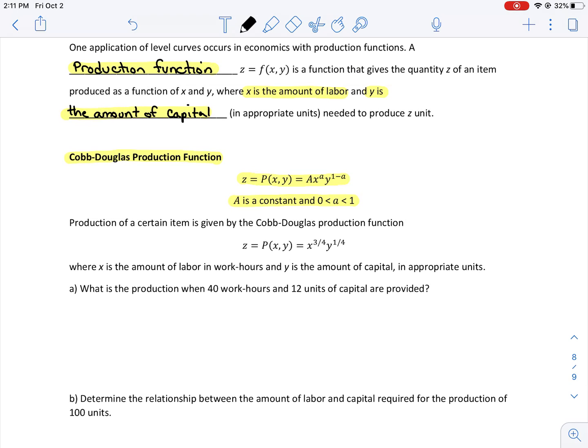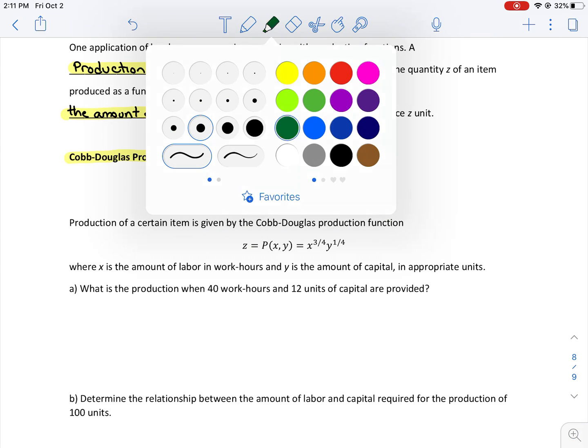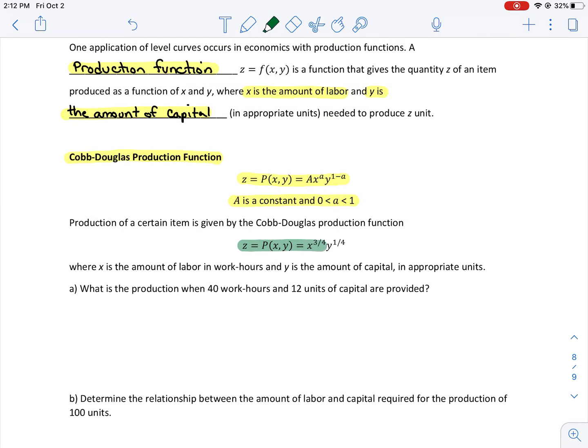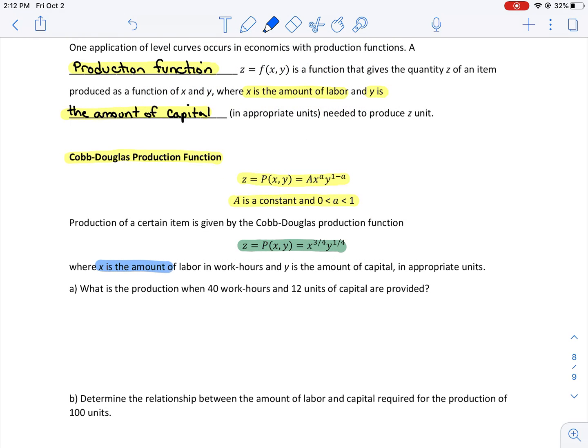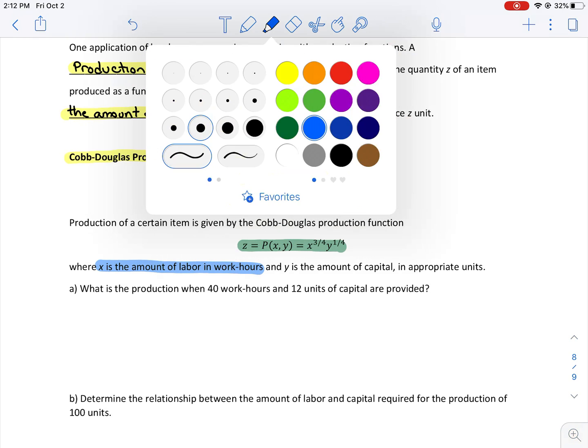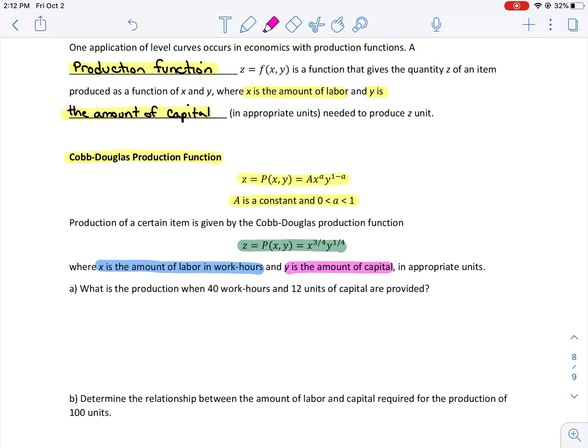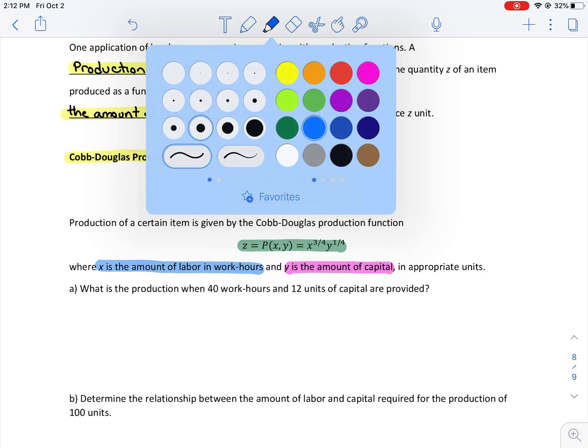All right, so here's an example. Production of a certain item is given by the Cobb-Douglas production function. z is equal to x raised to the 3/4 power times y raised to the 1/4 power. x is the amount of labor in work hours, and y is the amount of capital in appropriate units.